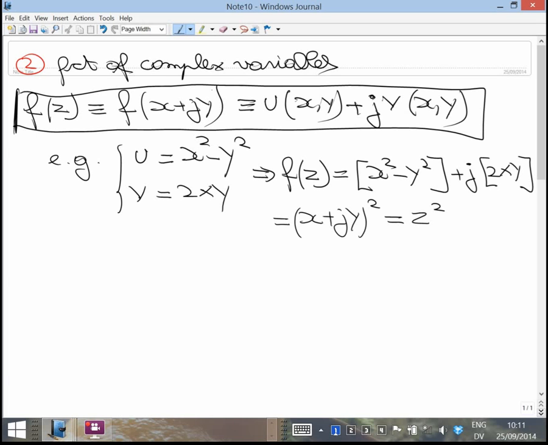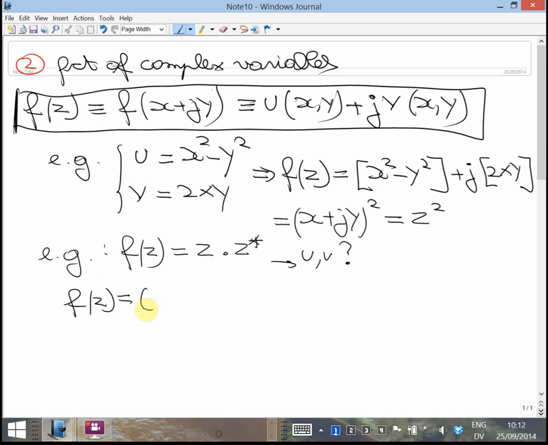You could also move the other way around, of course. If you start from a function definition involving f of z and z, for example, f of z is the product of z and the complex conjugate of z, you can ask yourself the question, what is the u and the v that correspond with this function definition? Well, that's also quite straightforward. You just expand this.